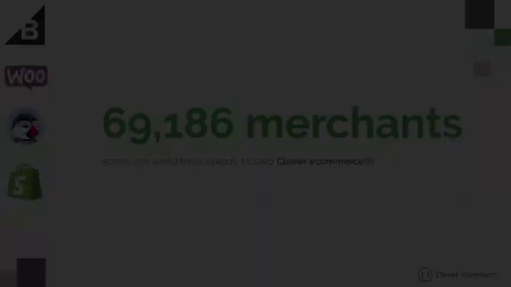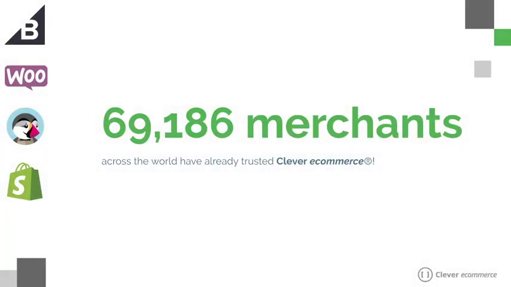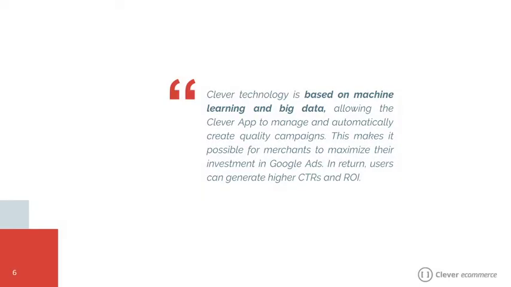So, let's go to the intro. About Clever E-commerce: here at Clever, we have software. We developed a technology that connects e-commerce sites with Google Ads. We are available for BigCommerce, WooCommerce, PrestaShop, and Shopify. Our technology is based on machine learning, and basically you complete important information in 5 simple steps when downloading our app, and we will be automating and creating your campaigns.